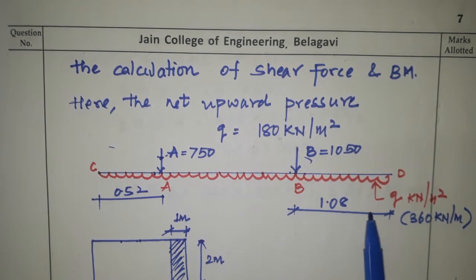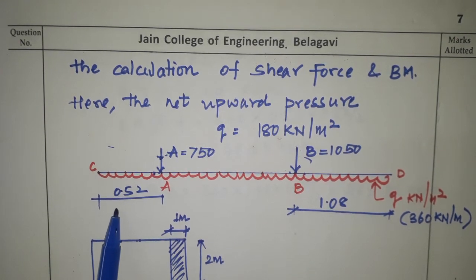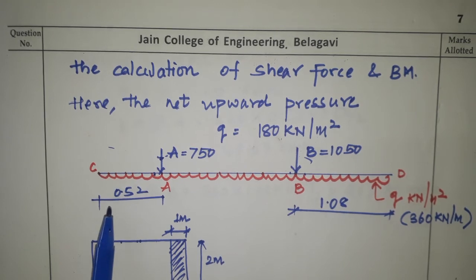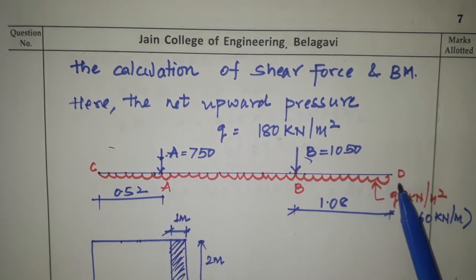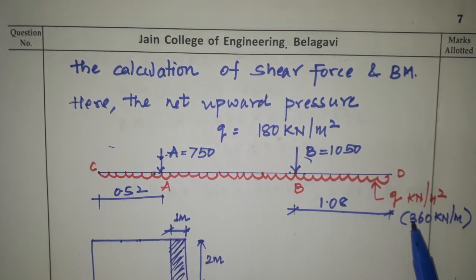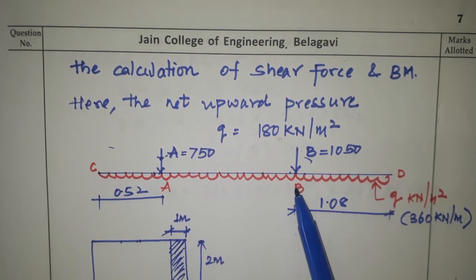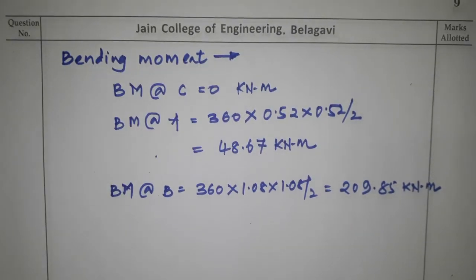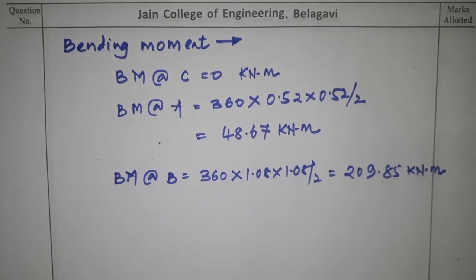So W is 360 here, and 360 into 0.52 is the length. Similarly here it is 360 into 1.08 into 1.08 divided by 2. So we got the bending moment at A and at B, both values.